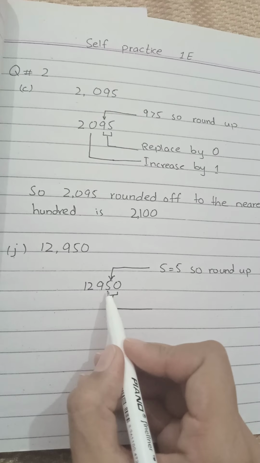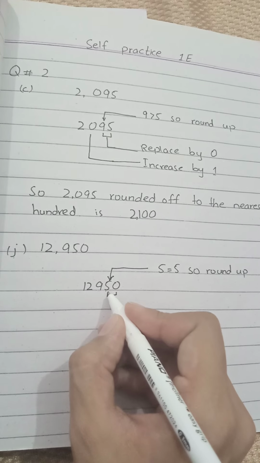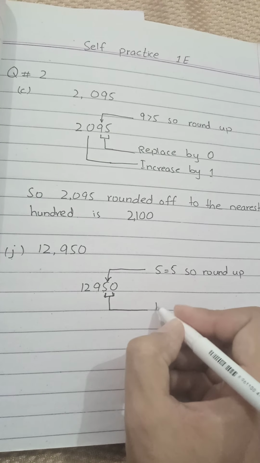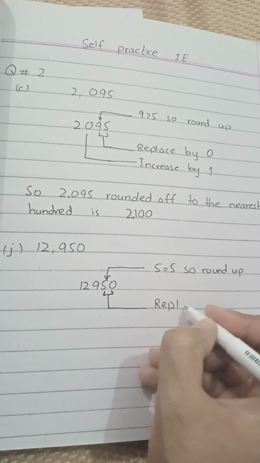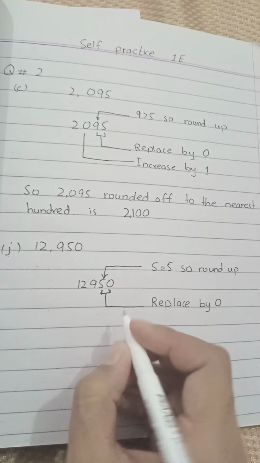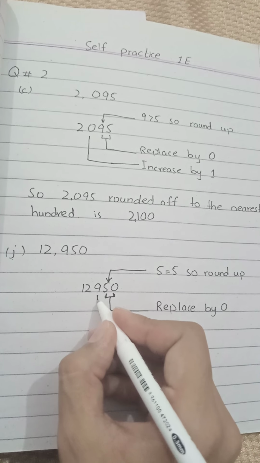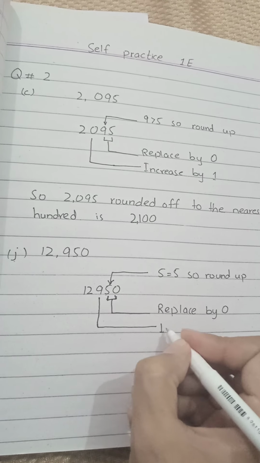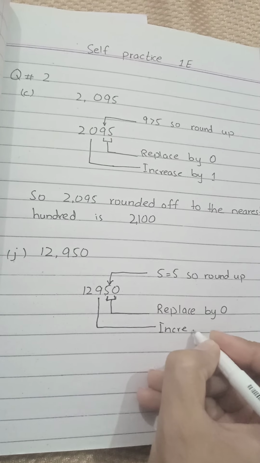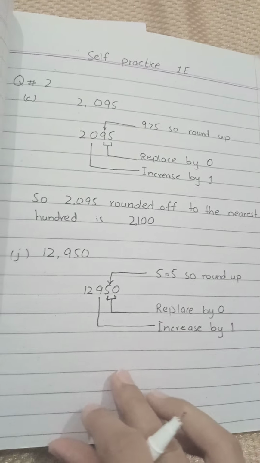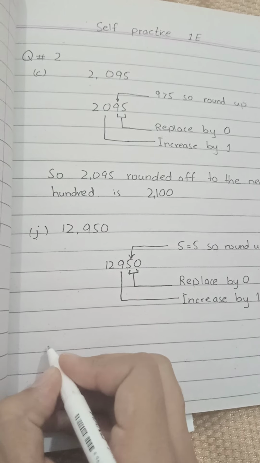So next, the ones place and tens place values will be replaced by 0. Next we have the number at the hundreds place. This we will increase by 1.